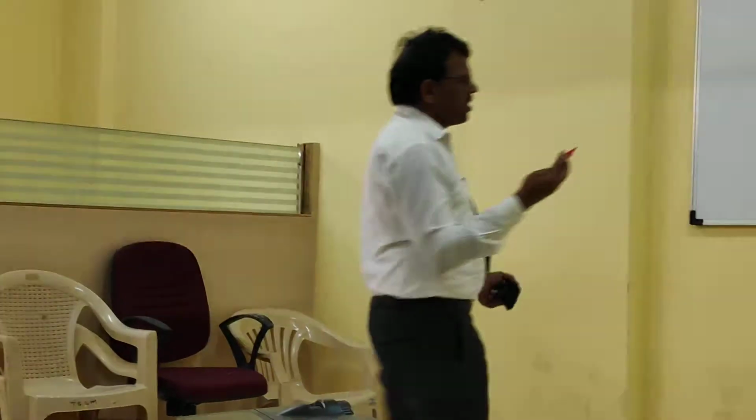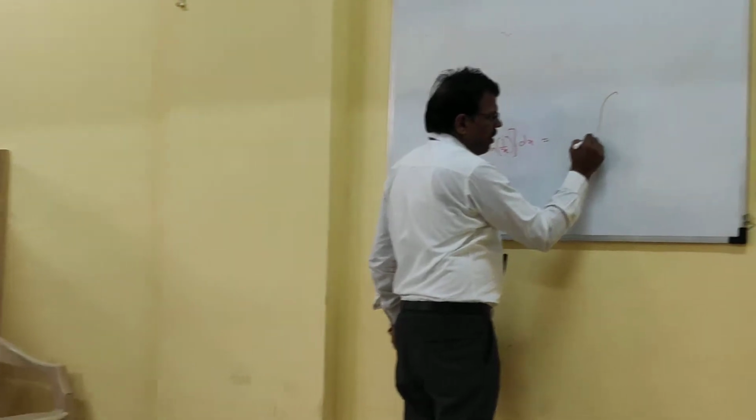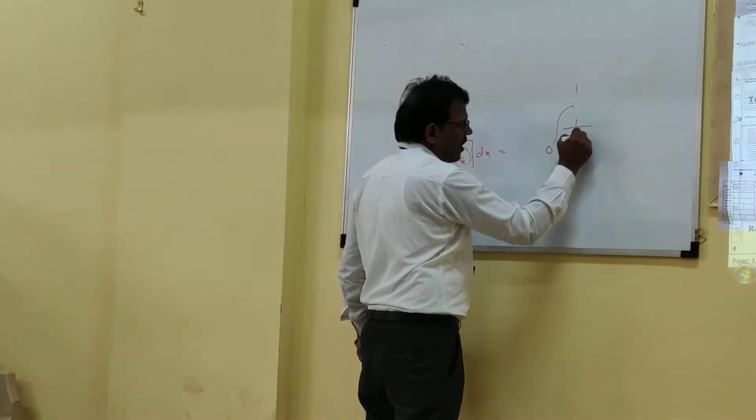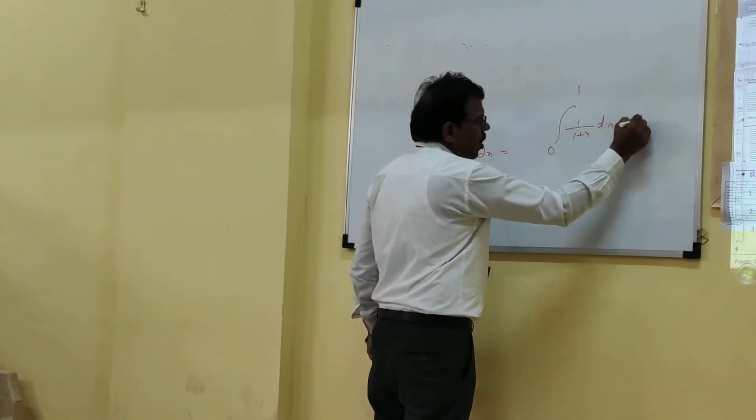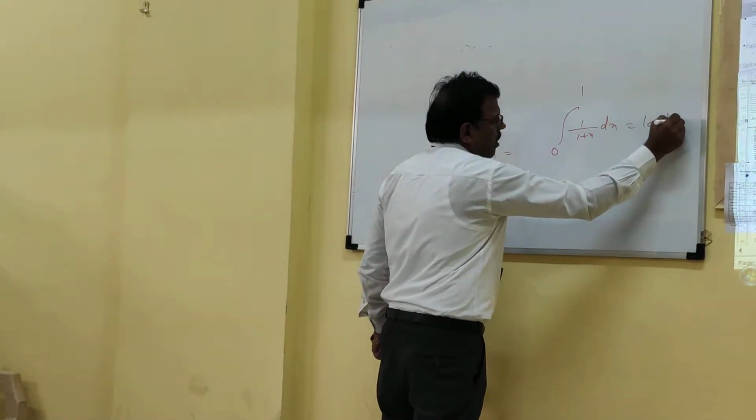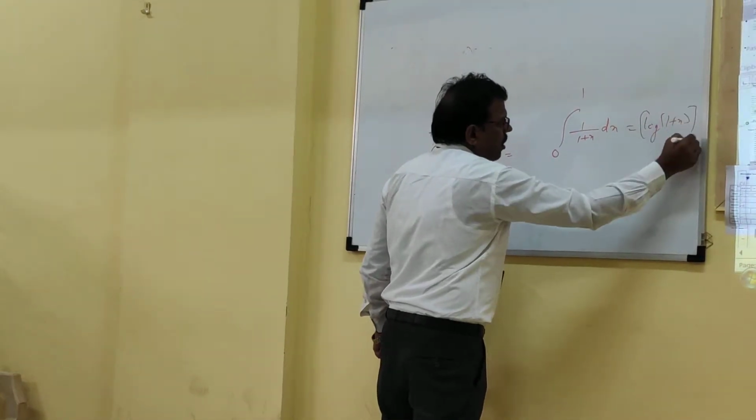We can calculate the corresponding answer by the normal procedure and by the trapezoidal rule or Simpson's rule whose integration is available. For example, suppose this kind of integration, 0 to 1, 1 upon 1 plus x dx. This is log of 1 plus x, and you can calculate from 0 to 1.